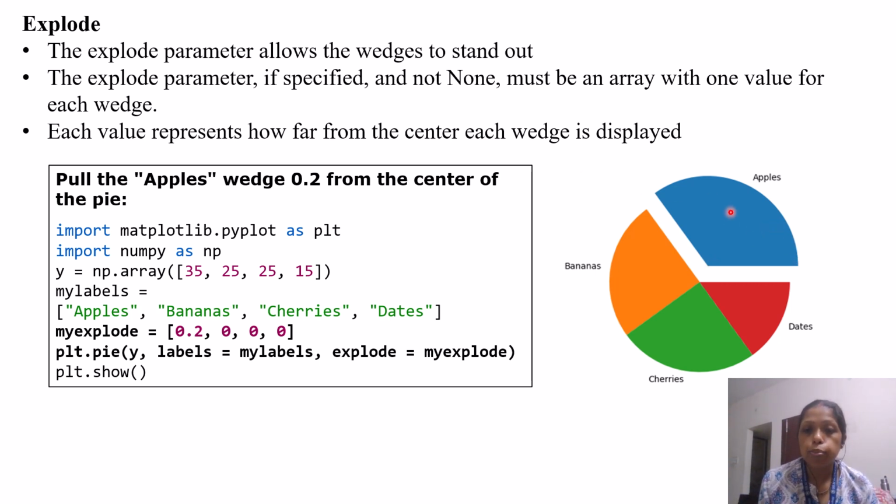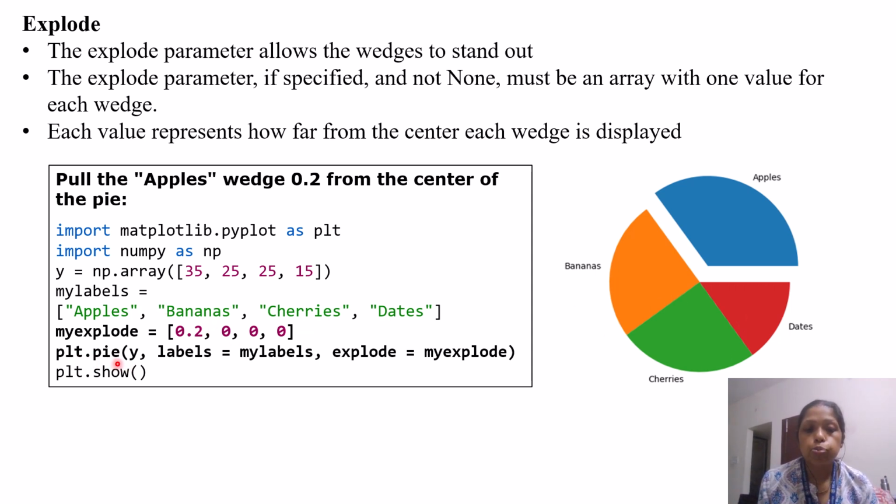Apple is the first level, then the second, third, and fourth levels. Apple will be separated from the origin by a distance of 0.2. So you have to write the coordinates, giving the position of each and every section. This will be 0.2 away from the origin. All the other sections will stay at the origin, so they will be 0, 0, 0.